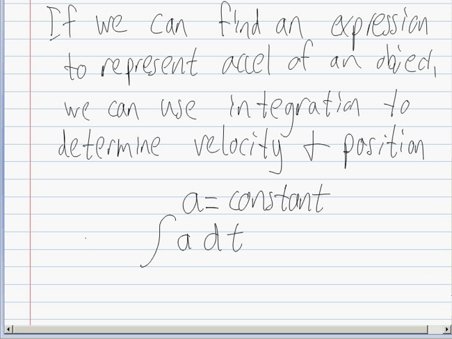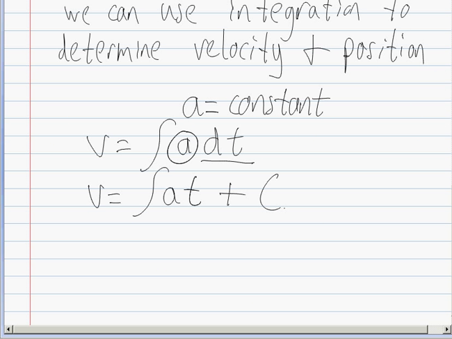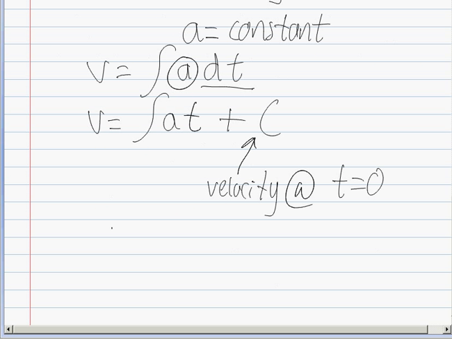Well, the acceleration doesn't have a t component, so when we integrate it, it's going to be a t plus c. Remember, this is an indefinite integral, so it's going to have some constant here. And this constant is going to represent the velocity at time equals 0. So then you get v equals at plus v0. Well, we've done that before.